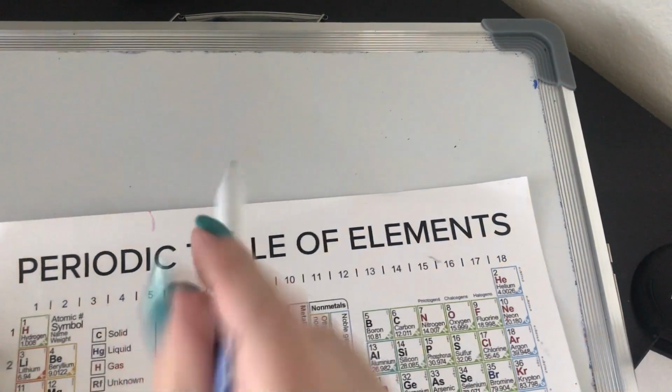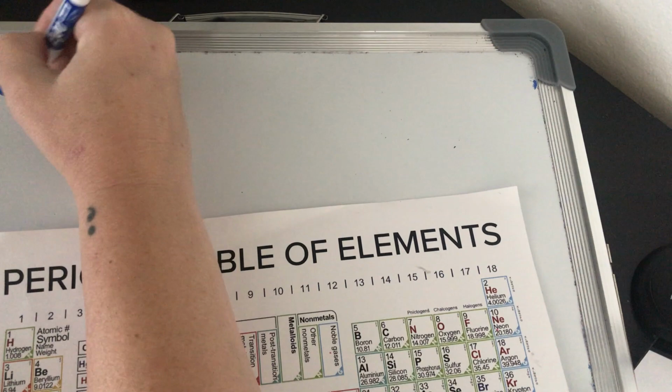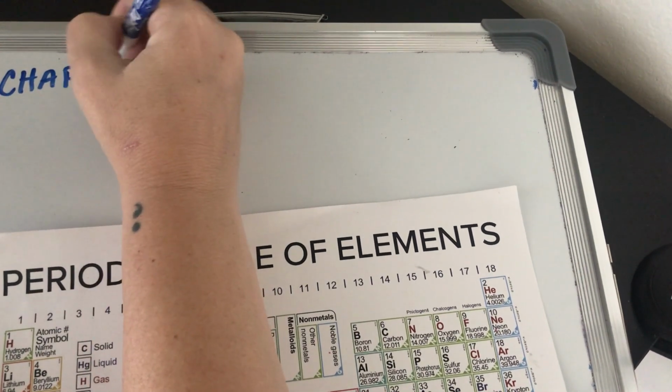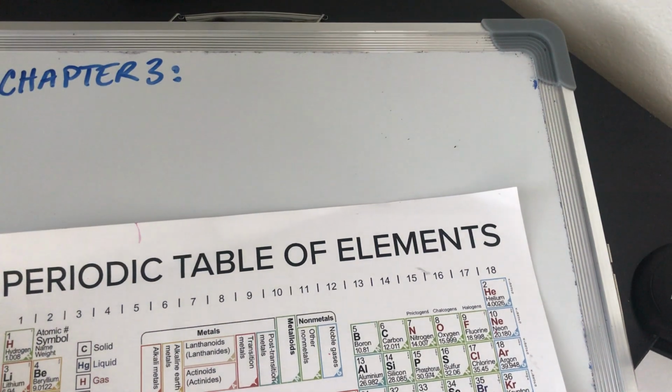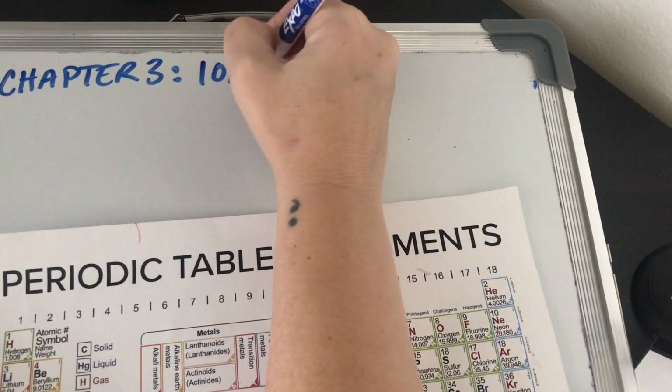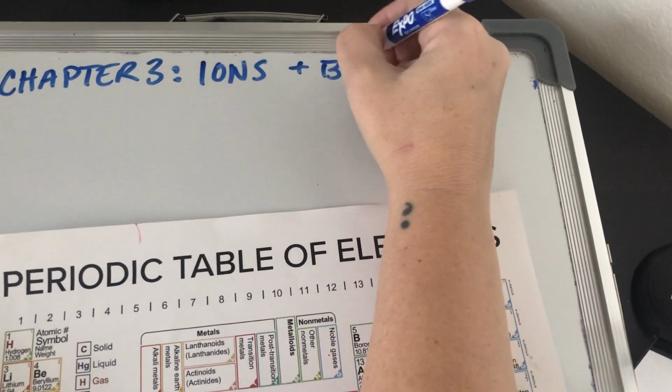So I do want to move on and get into chapter 3. Chapter 3 is when we start talking about ions and bonding.